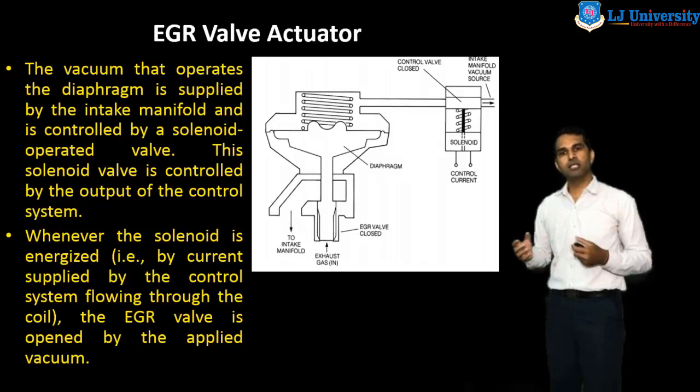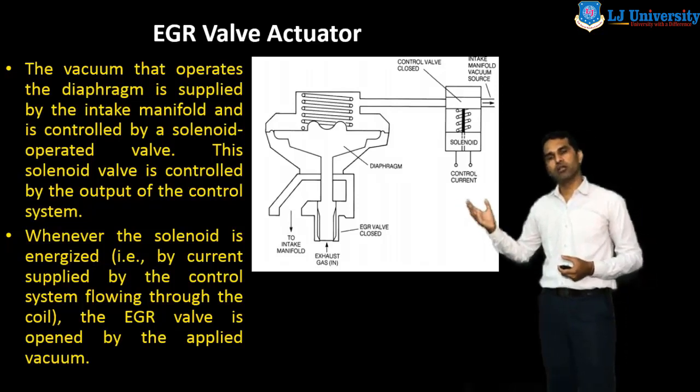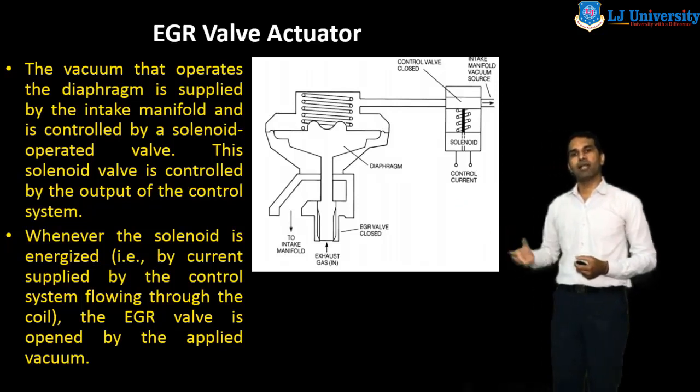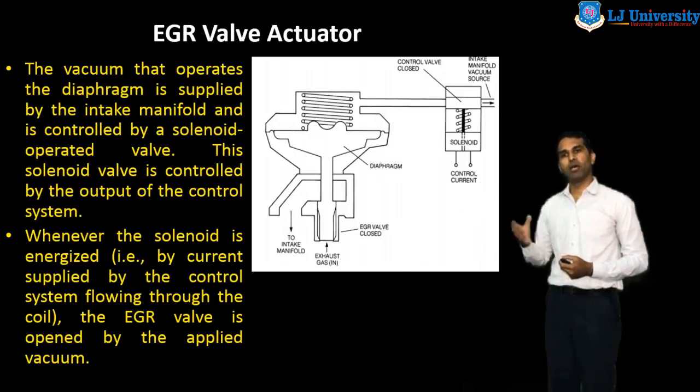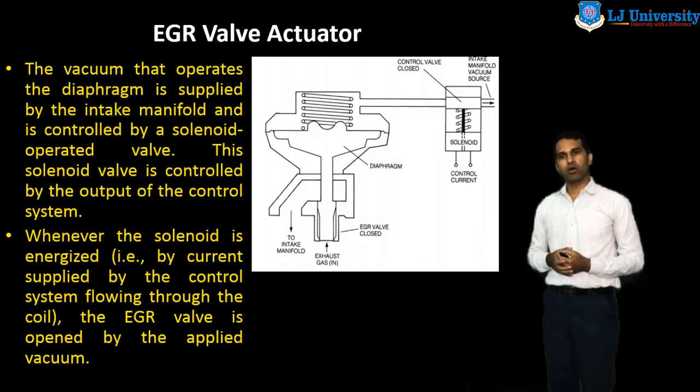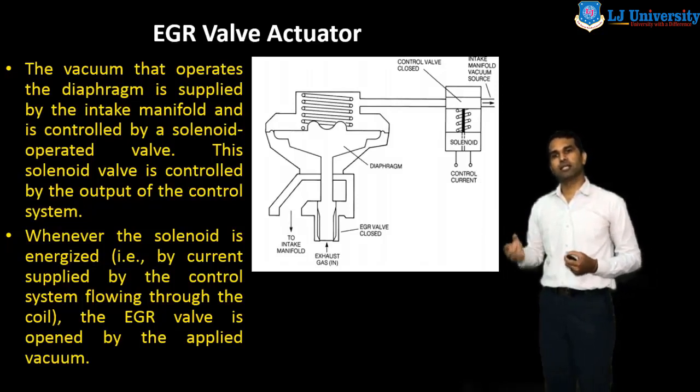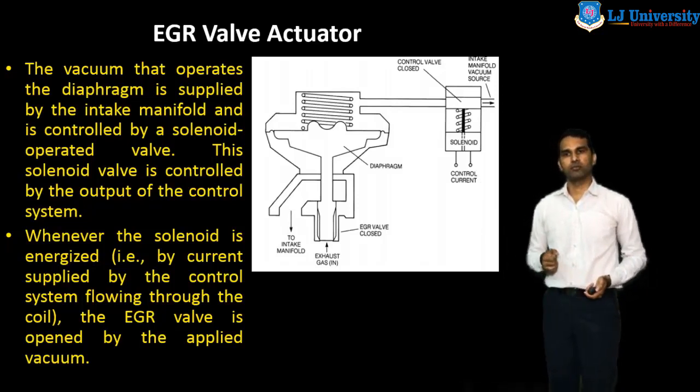And if no voltage flows in the solenoid, at that time the valve is closed. So this is the working principle of the EGR actuator, or we can say exhaust gas recirculation actuator.